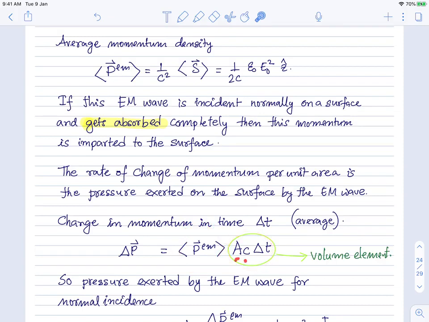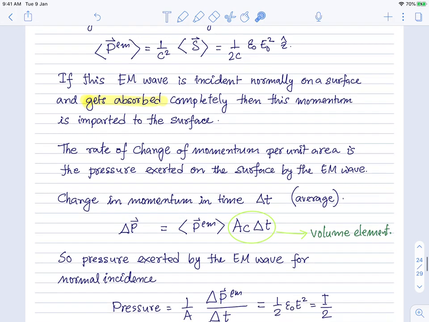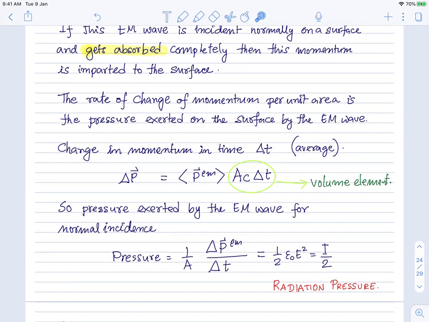So as you can see, A times c times delta t. This is a little bit of a volume element. If I multiply the momentum density by a volume element, I will get the momentum. So this is the momentum change that is happening over time delta t. This wave is propagating at the velocity of light, so this is c. Now if I consider the pressure being imparted on the surface on which the electromagnetic wave is getting absorbed, this is just the rate of change of momentum per unit area.